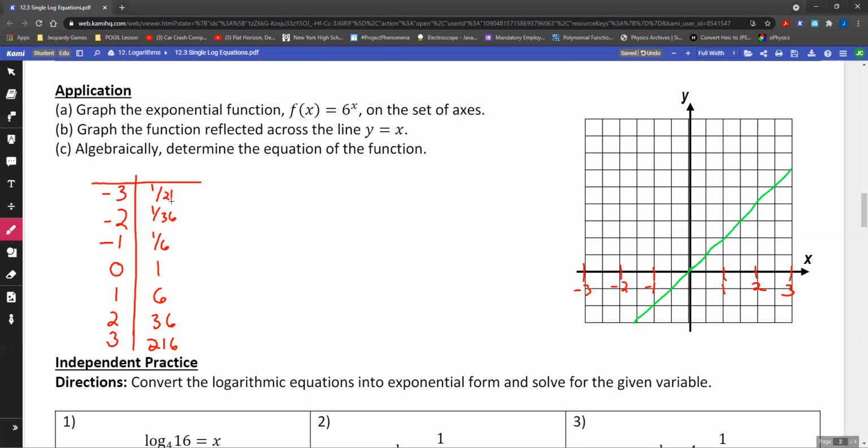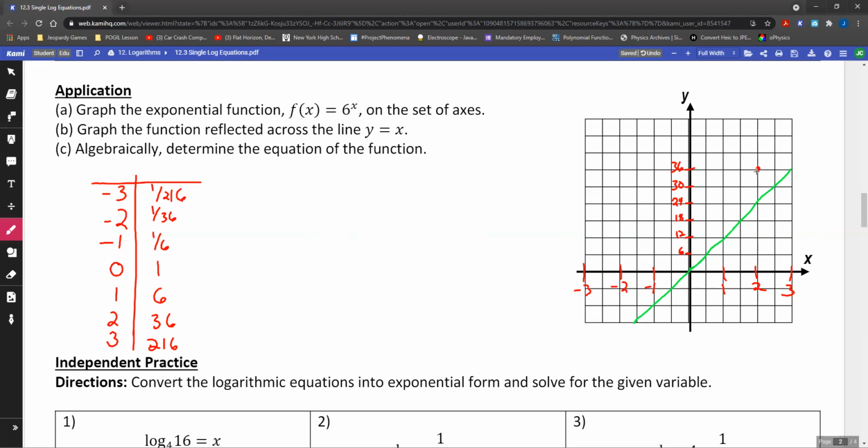You won't be able to graph a lot of this. So the function would go something like this. When x equals 2, it equals 36.